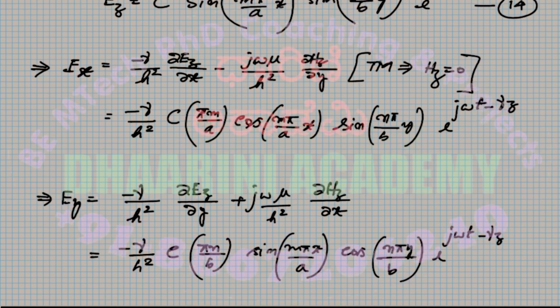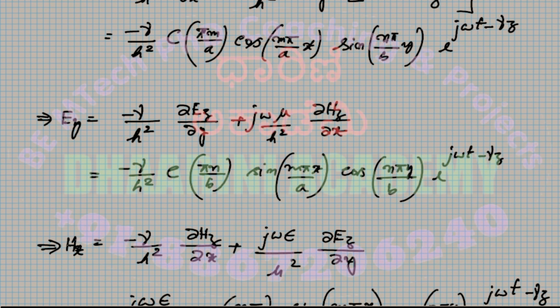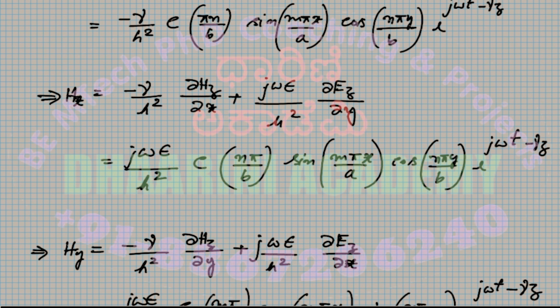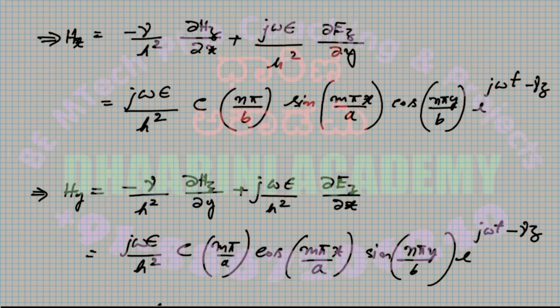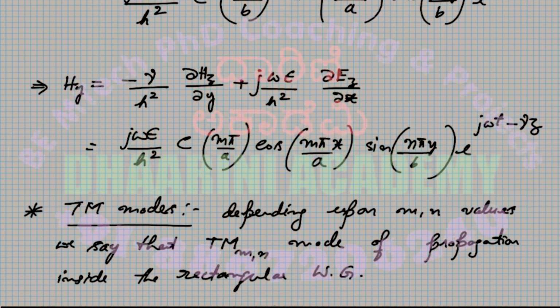So I proceed further. Check for Ey. There is n outside. N becomes 0 means the whole term becomes equal to 0. So no Ex, no Ey. Let's proceed further. Check whether you are going to get a term for Hx. N is 0, it vanishes. Again, m is 0, Hy is also vanishing. There is no field component that's going to exist.